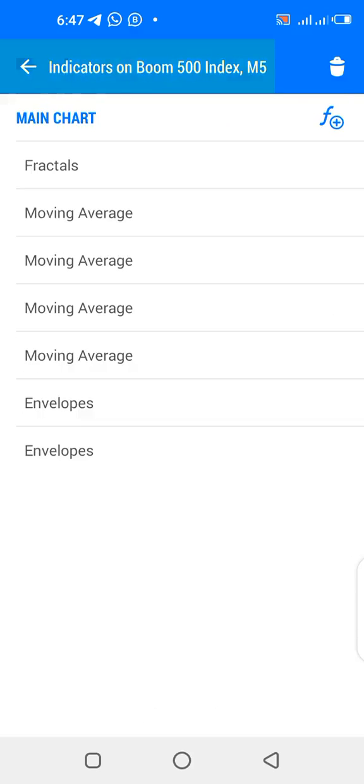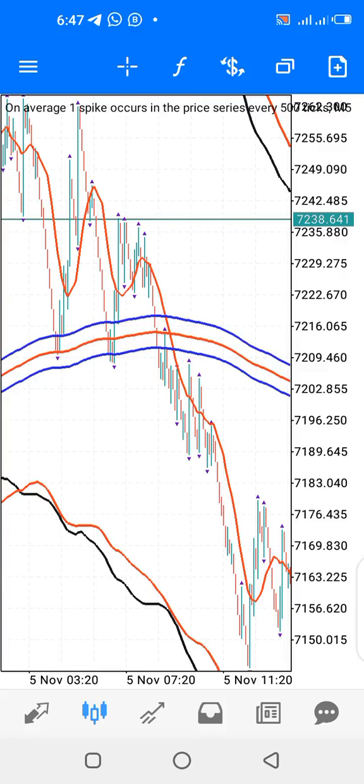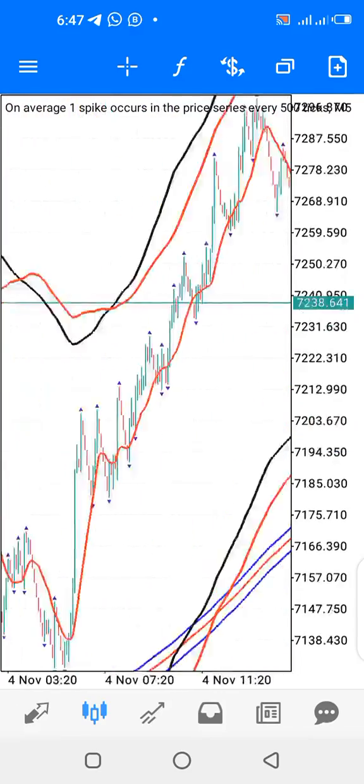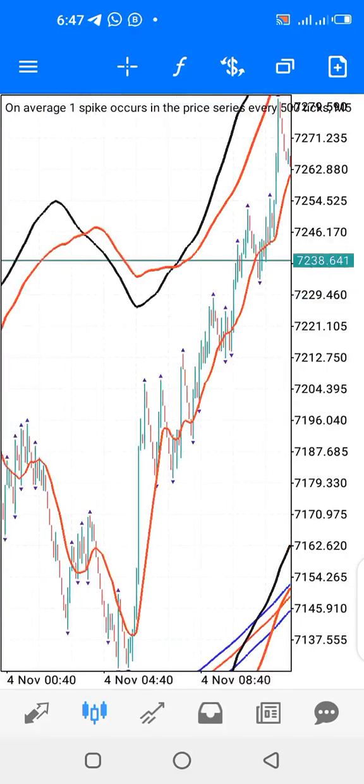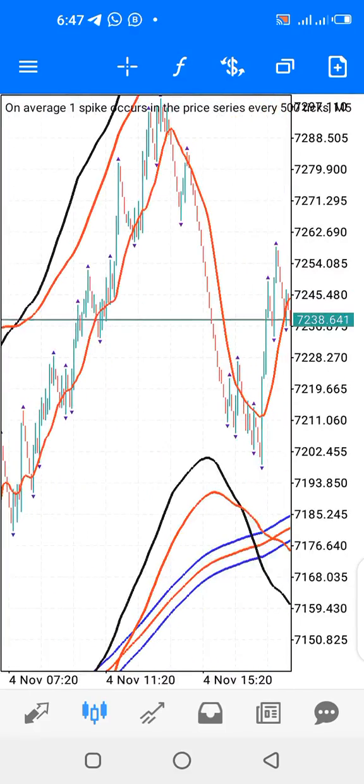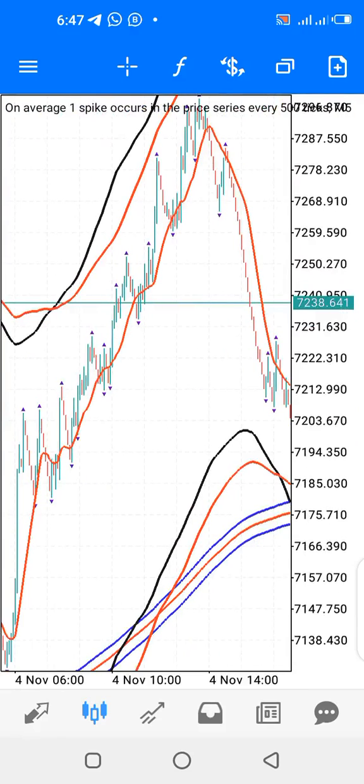Now this black line here is my envelope. The black line that you see here is my envelope upper band, and the lower black band that you have here is my lower band.